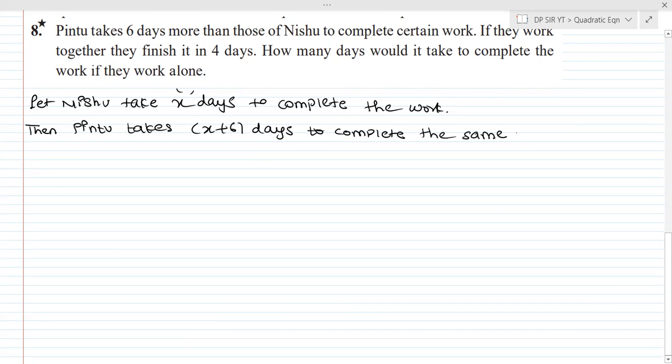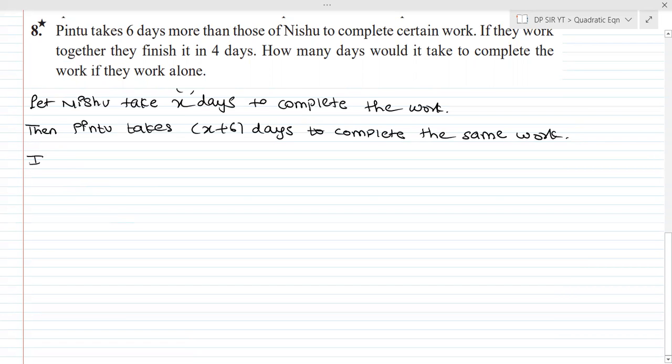Now here we are talking in terms of individual work. Now in one day, Nishu does 1 upon x part of the work and Pintu does 1 upon x plus 6 part of the work. मतलब now let's consider एक दिन में कितना काम करता है, ठीक है?